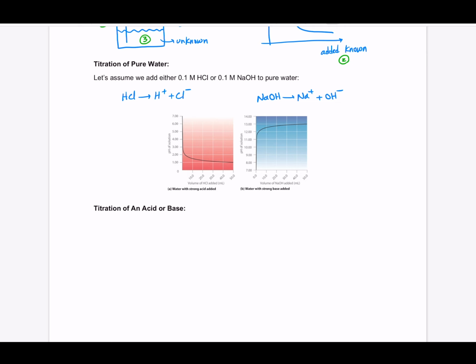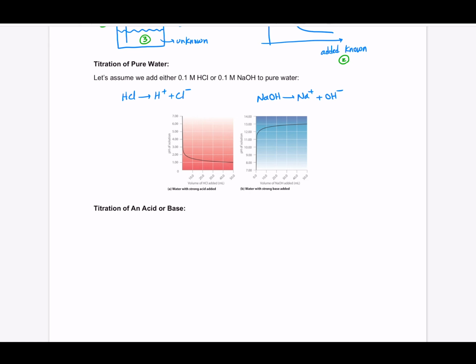So two things happen. First, we know how much we added, the x-axis. And then we looked at the profile. We were expecting a decrease in pH, but this sharp decrease is something that we can later use to gain information about the system itself, which in this case was pure water, pretty straightforward.